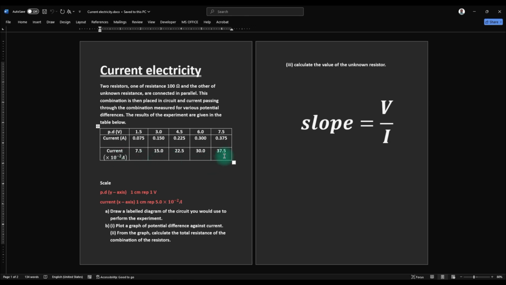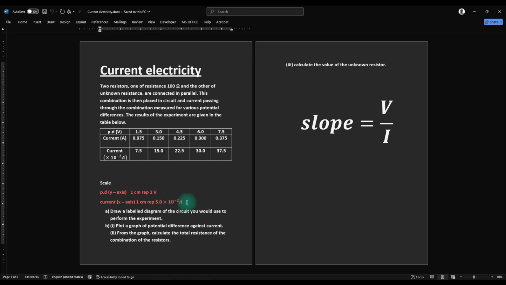So if it goes up to 40 for current, there's no problem. The scale I've chosen is 1 centimeter to represent 1 volt for the y-axis, that is the PD, and for the x-axis, which has current, 1 centimeter to represent 5.0 times 10 power negative 2.